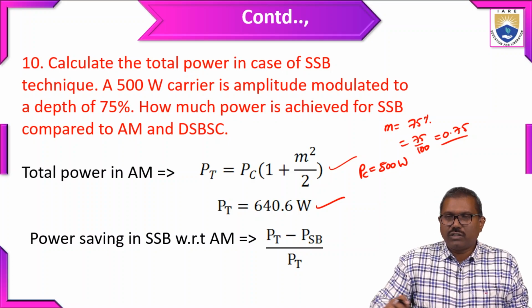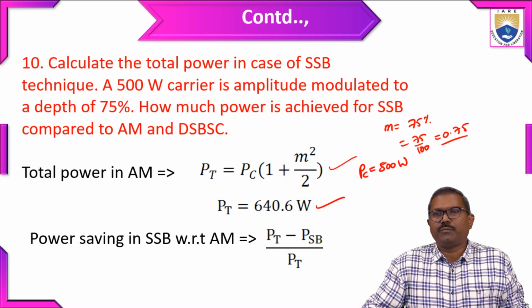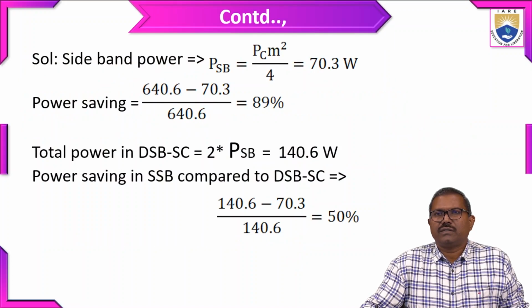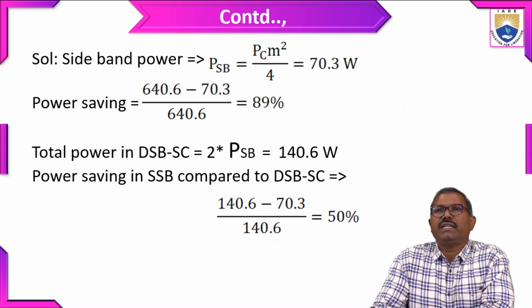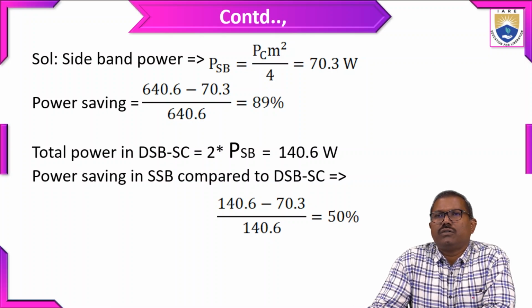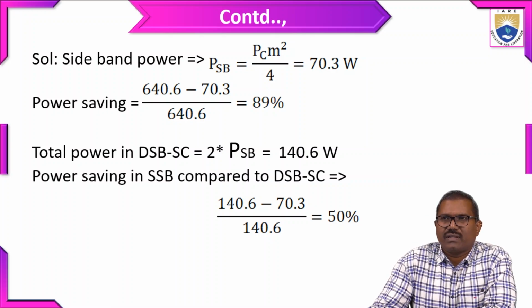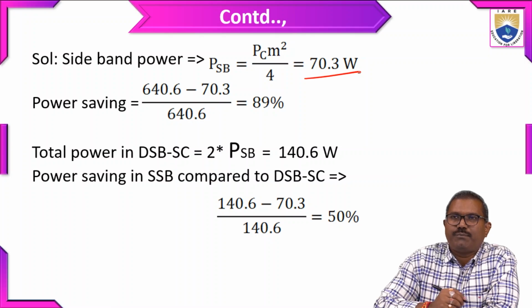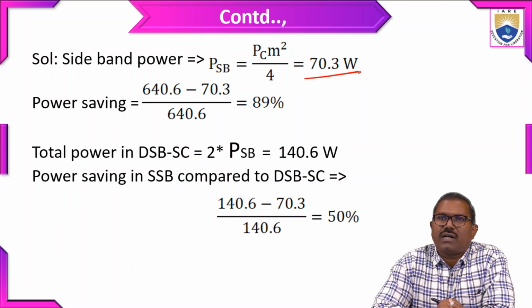It is equal to PT minus PSB, sideband power, divided by total power. So what is the formula for PSB? PC into M square by 4. So already given PC, you find M value. So my sideband power is 70.3 watts. So power is in watts.